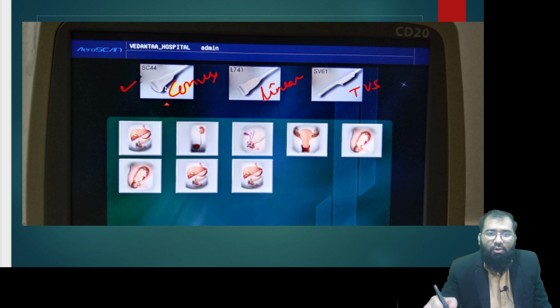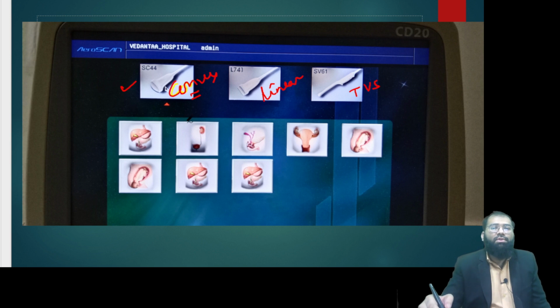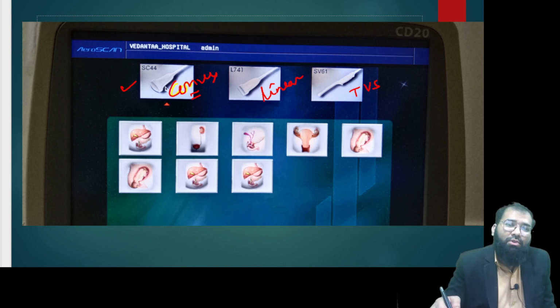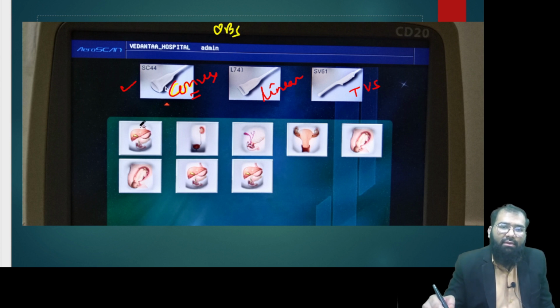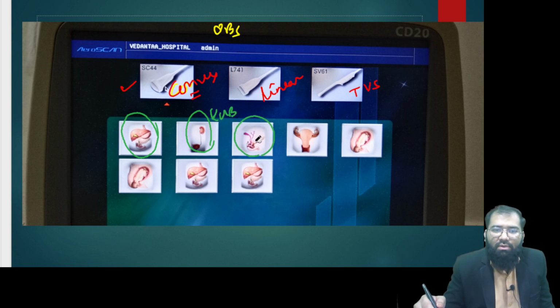Suppose I select the convex probe because we want to study Obs Doppler. Here the most important probe would be the convex probe or abdominal probe. Now you will get the various presets. Are you able to see the presets? This is the preset for abdomen. Then you have KUB, kidney, ureter and bladder. Another preset is GB and biliary system, pancreatic system.